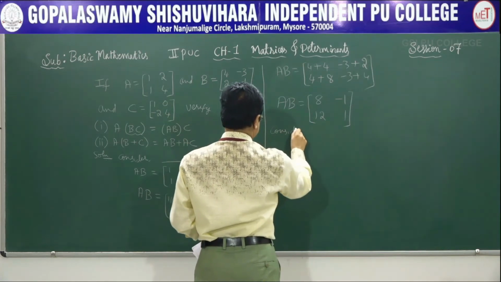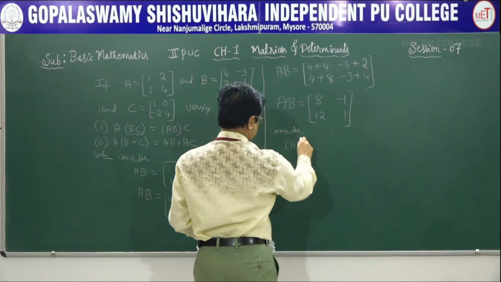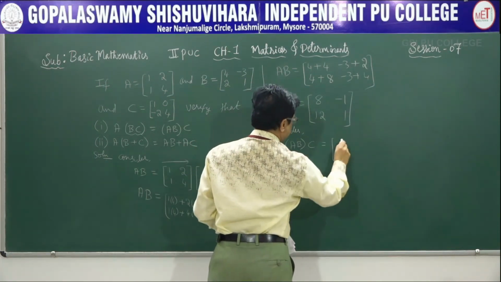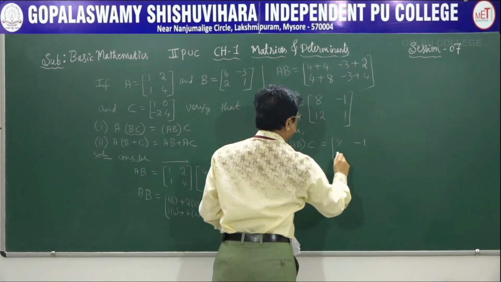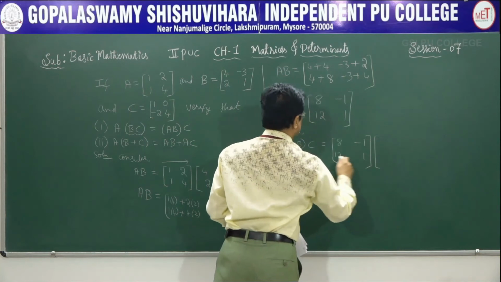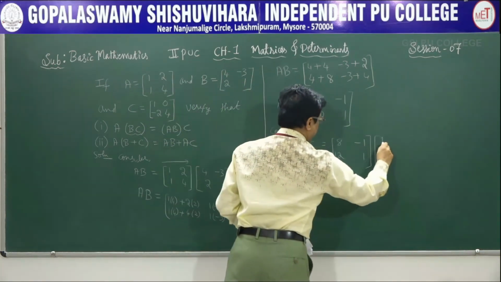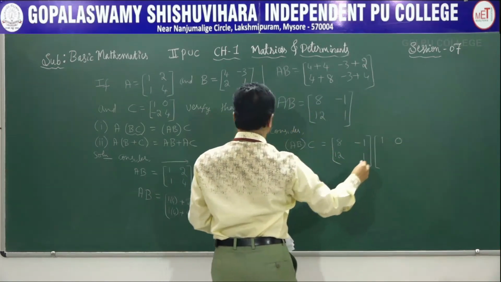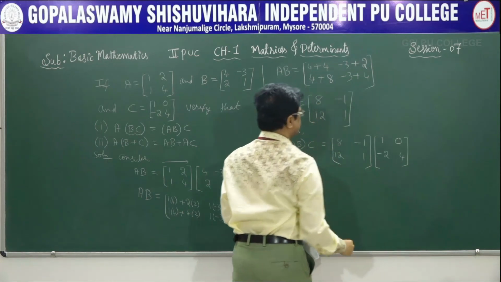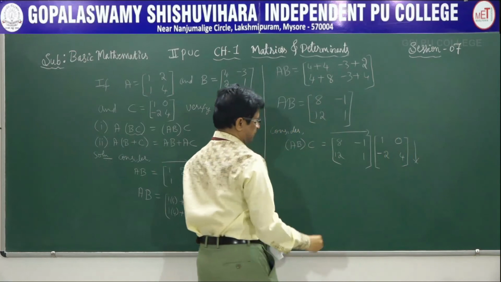Consider AB into C. So AB matrix is 8, minus 1, 12, 1 into C. So C matrix is 1, 0, minus 2, 4. So row into column.